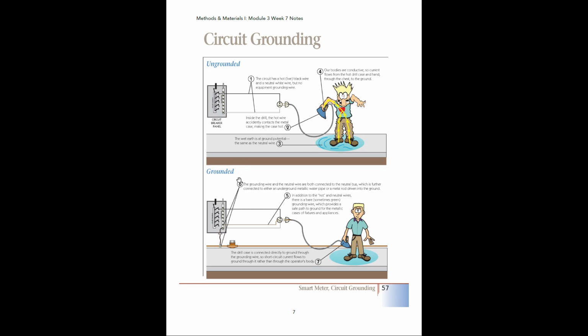So that's bad, obviously. Now, if we have a grounded system, we have that ground wire in there, and the purpose of the ground wire is to redirect that dangerous electrical current back to the system and down to the ground, okay? So in this case, if the same thing were to happen, the ground wire is going to be attracting that dangerous electrical energy, and it's going to be redistributing it back through the system along this wire back to the panel, and then that panel is going to be tied to your main water line.